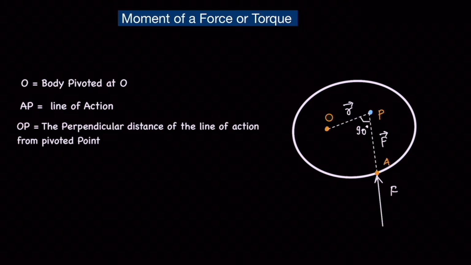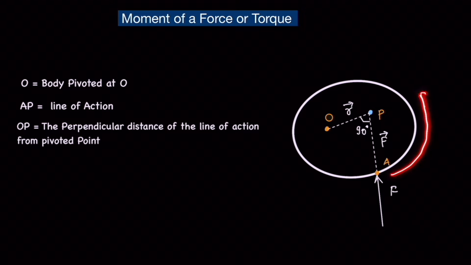OP and AP are perpendicular to each other. It means the length OP, which I represent as R, is always perpendicular to the line of action.